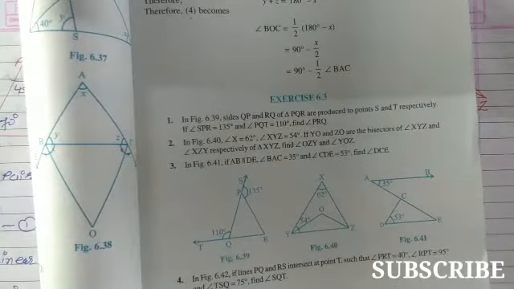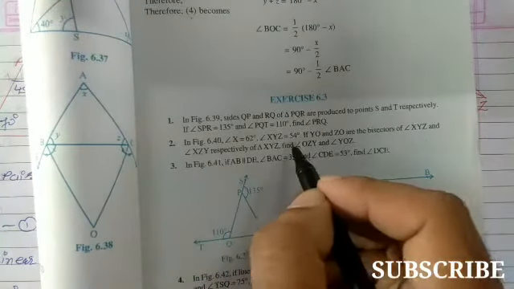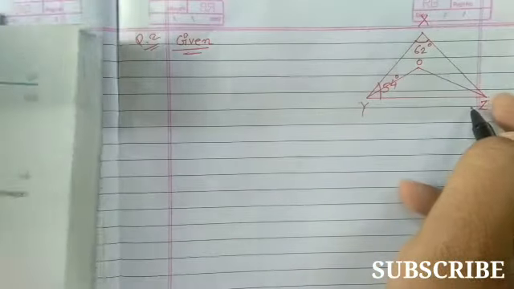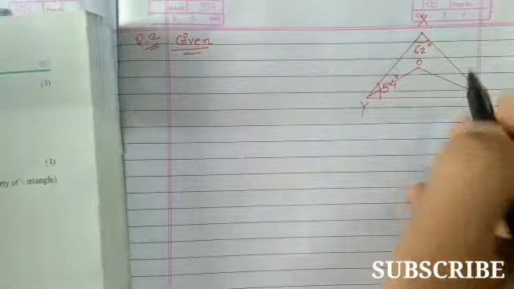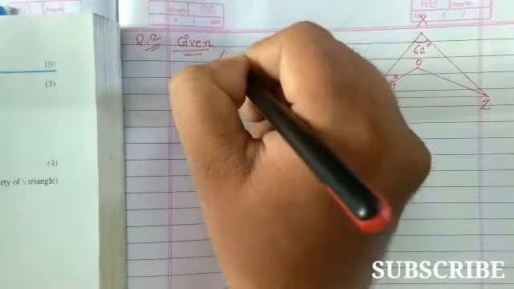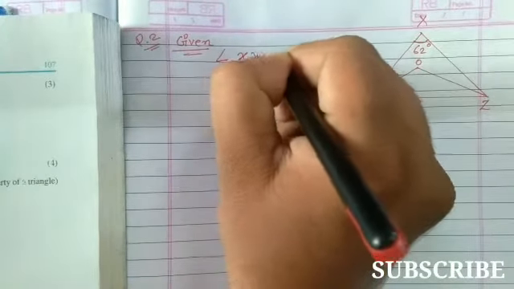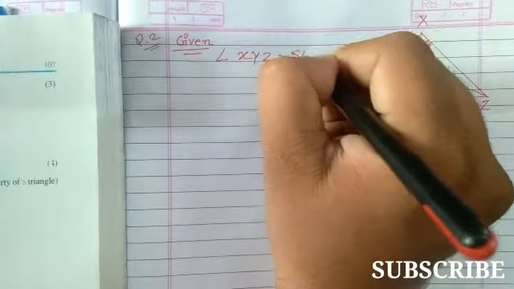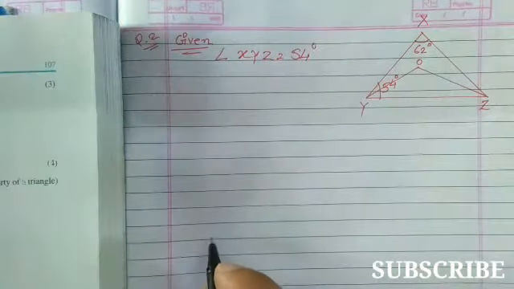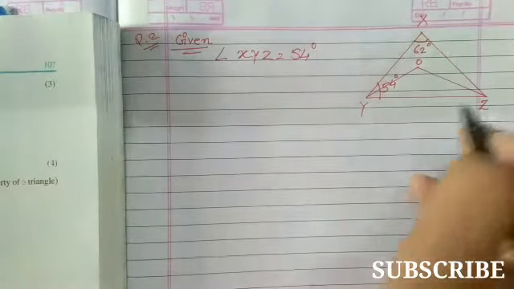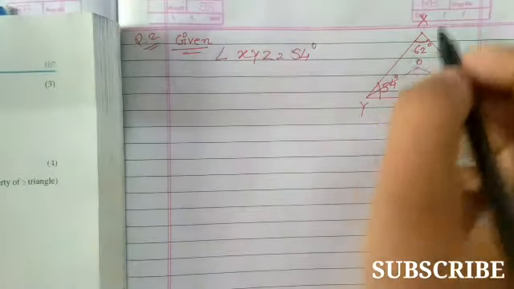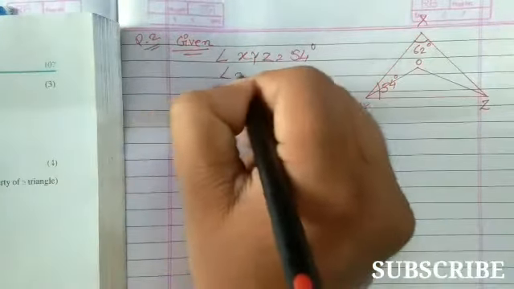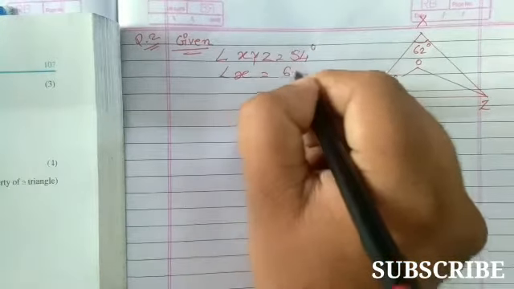So let us first write our given data. In this question we are given angle XYZ is equal to 54 degrees. The second thing is angle X is equal to 62 degrees.